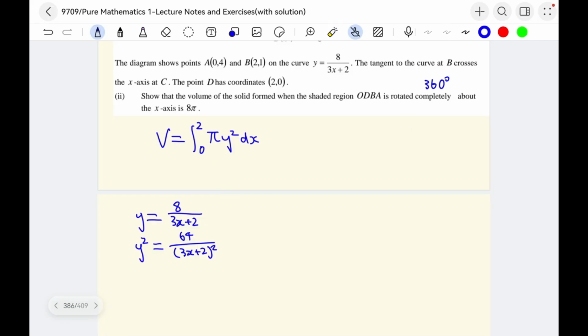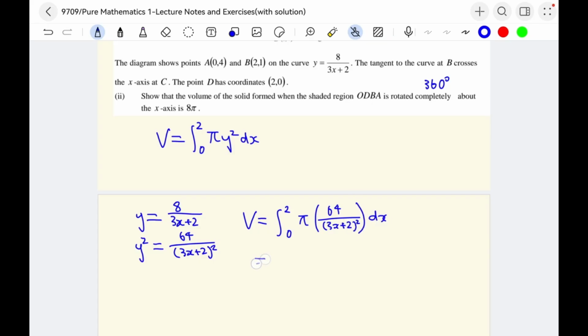So V equals the integral of pi times 64 divided by (3x plus 2) squared, dx, from 0 to 2. And pi is a constant, so we put it outside, because it does not involve the integral, since there's no x.